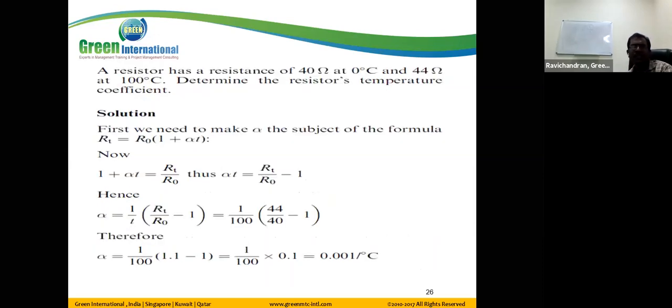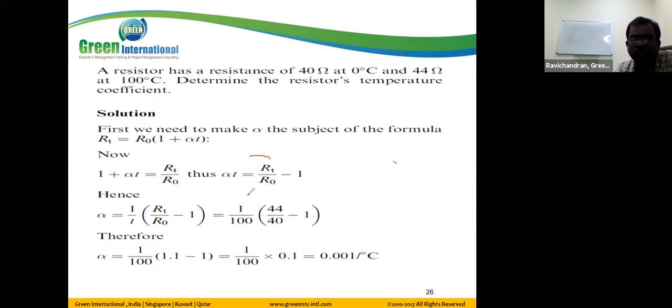Here we have another question. A resistor has a resistance of 40 ohm at 0 degrees Celsius and 44 ohm at 100 degrees Celsius. So RT is equal to 44, and R naught, meaning at 0 degrees, is 40.